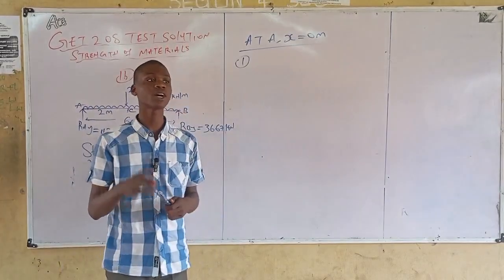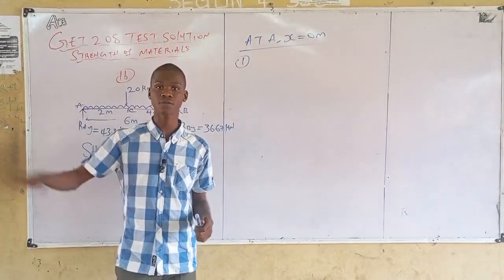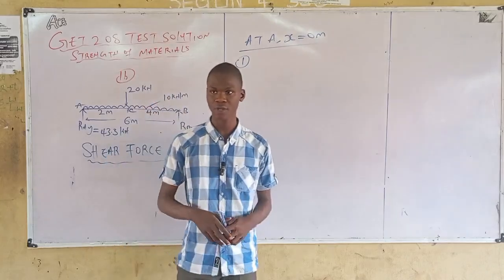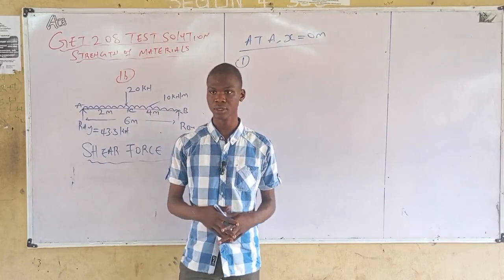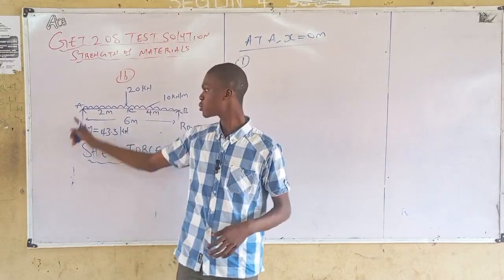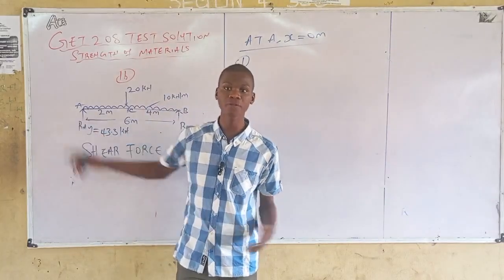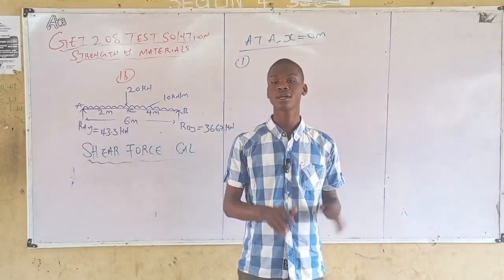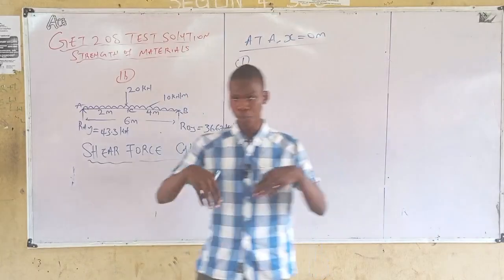Recall, what's the first condition when you are calculating shear force? The forces before that point. Now, let's ask ourselves, do we have any forces before that point? I'm on this point. Before this point, do I have any forces? No. It means that the first condition will not hold on point A.